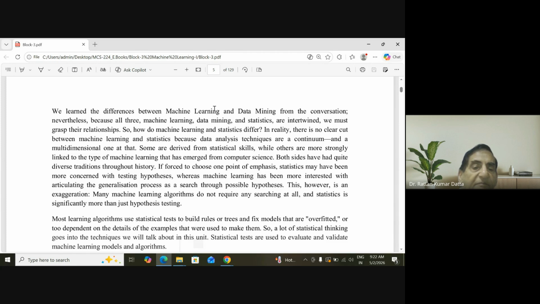Both sides have quite diverse and tedious histories. If forced to choose one point of emphasis, statistics may have been more concerned with testing hypotheses. Then statistics has become much more important than even the question of data mining.